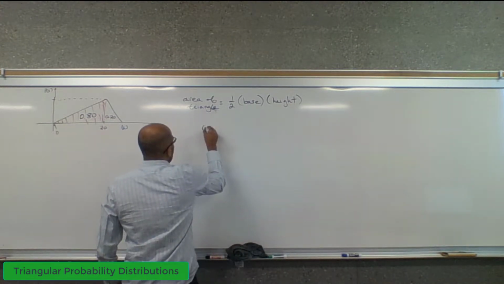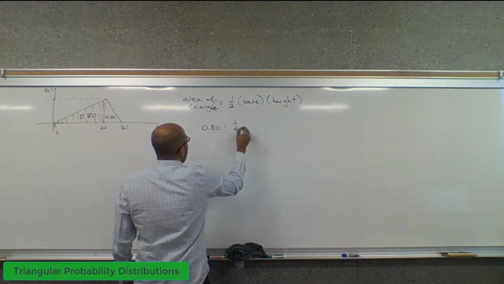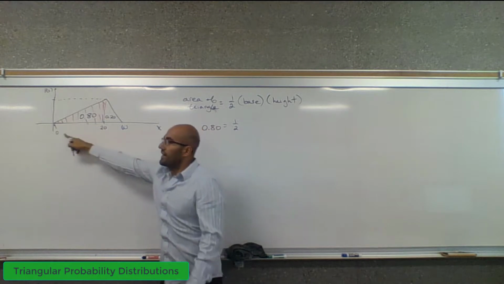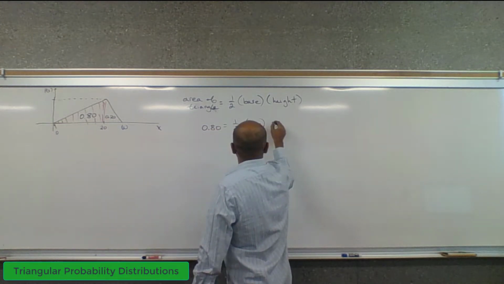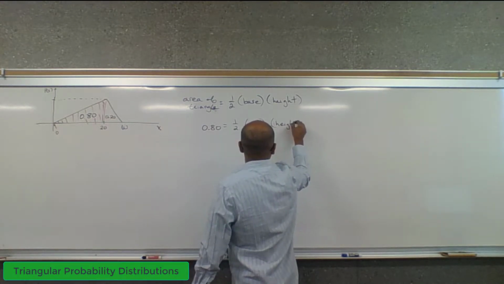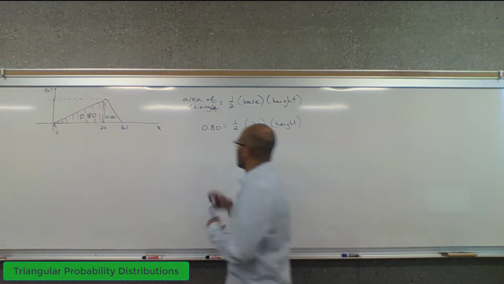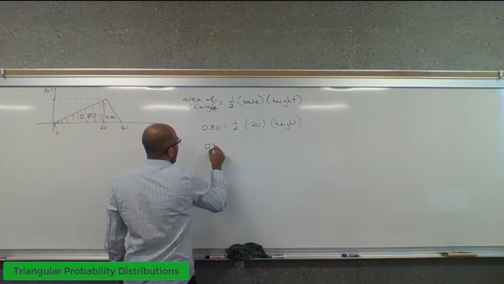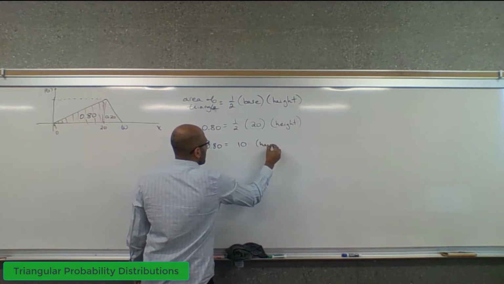So we have this equation, 0.80 must be 1/2. Now the base, we know the base is 20 times 20. And then the height is what we're after. Okay, so that's a simple algebra question now. 0.80 equals 10 times the height.